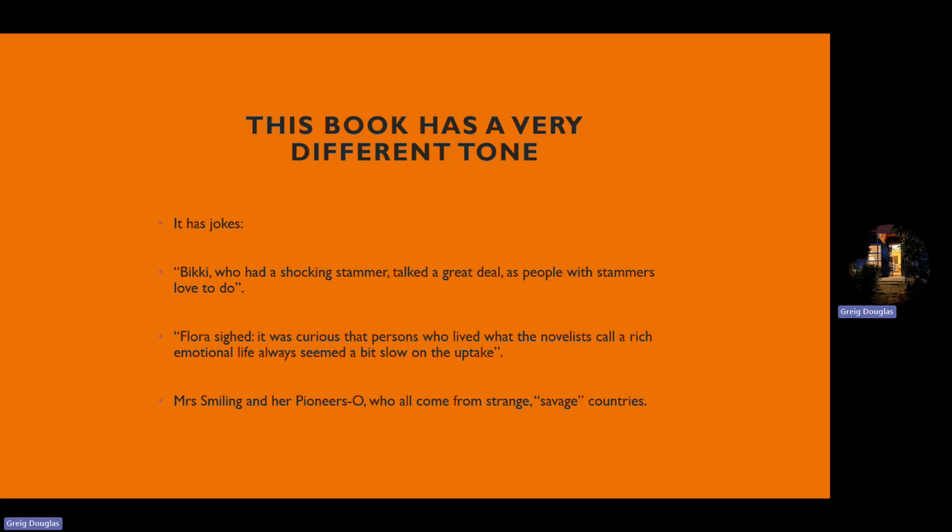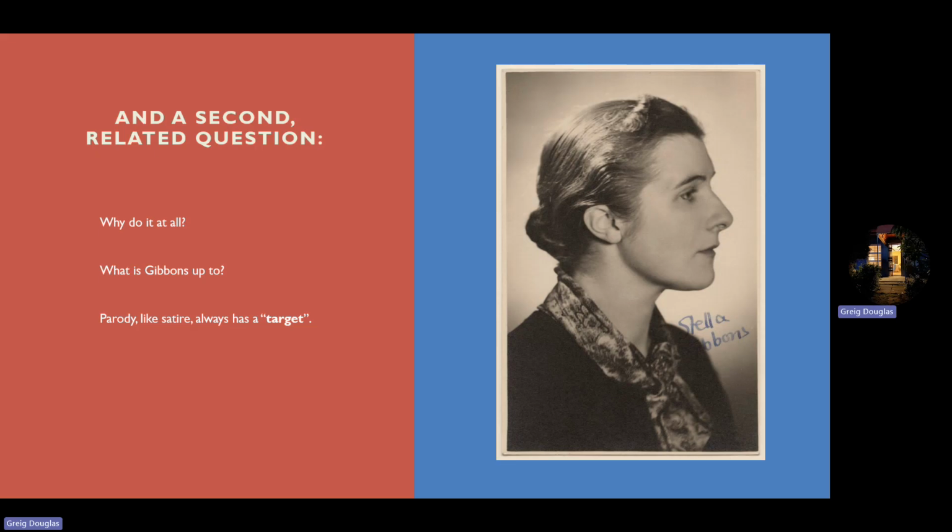But I think her book also does, in fact, have a slightly more serious goal or target. Parody, like satire, always has a target. It's trying to hit something.